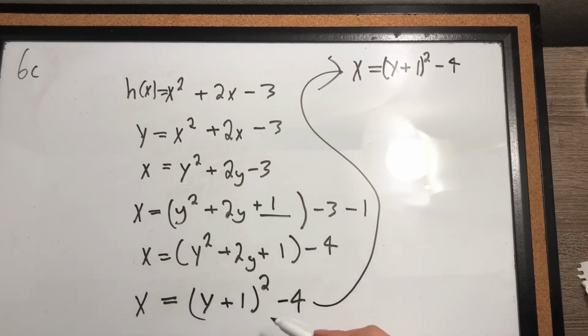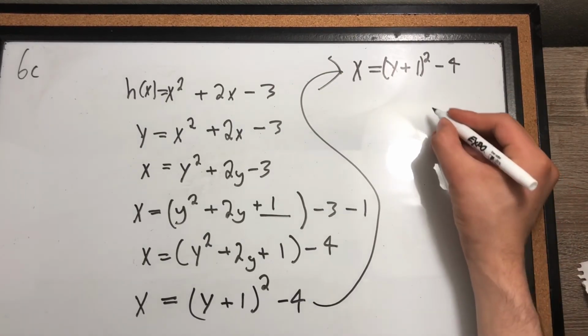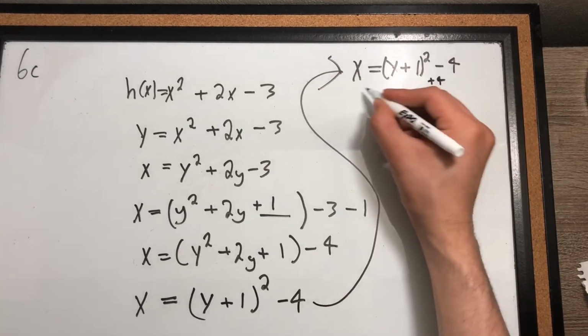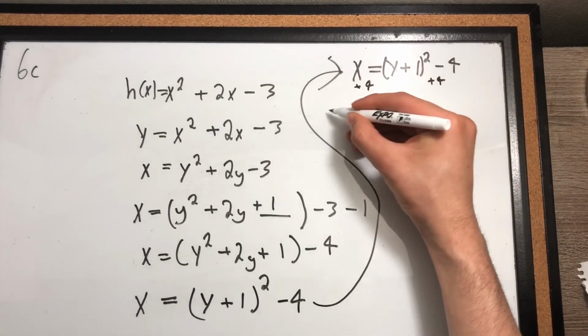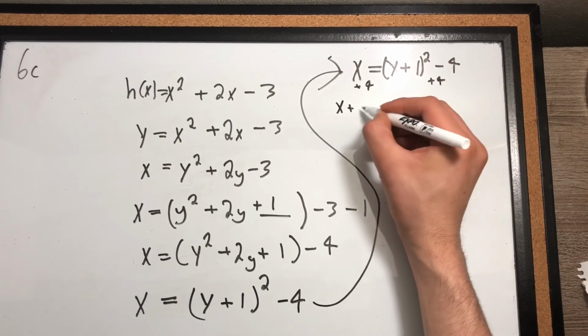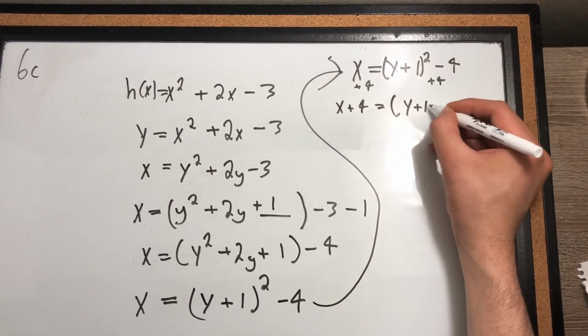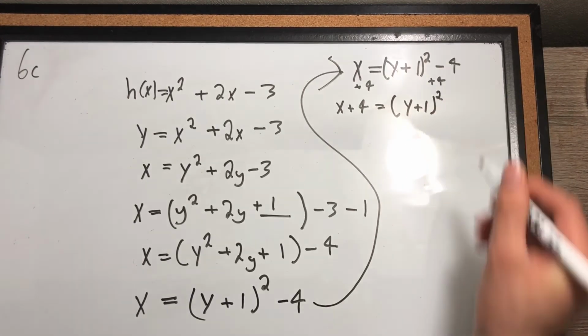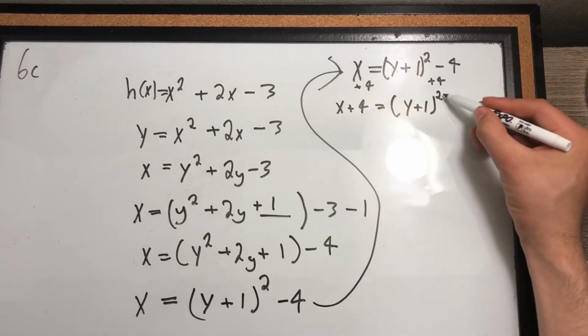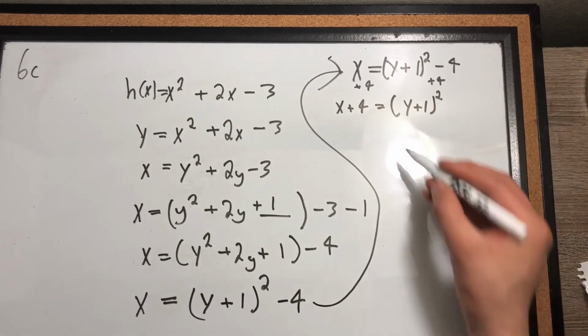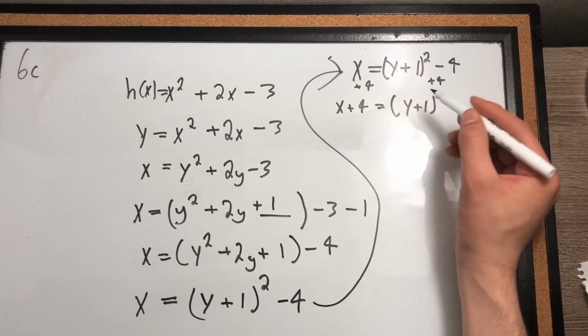Okay, so we've moved this equation up here just because I ran out of room. So first step is to add 4 to both sides. So your new equation is going to be x plus 4 equals. Okay, so after this, you got to get rid of this 2. So to do that, you're going to take the square root of both sides.